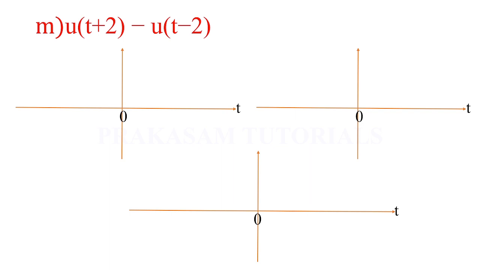So u of t plus 2 is equal to 1 for t greater than or equal to minus 2, and this is its graphical representation. And u of t minus 2 is equal to 1 for t greater than or equal to 2, and this is its graphical representation.